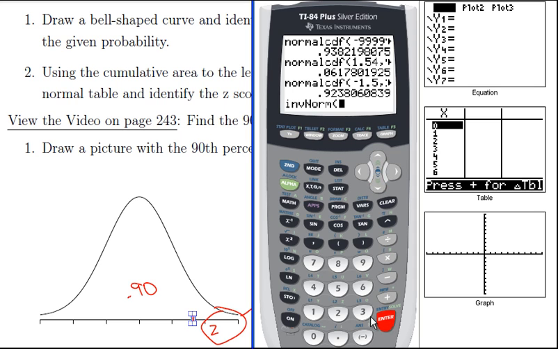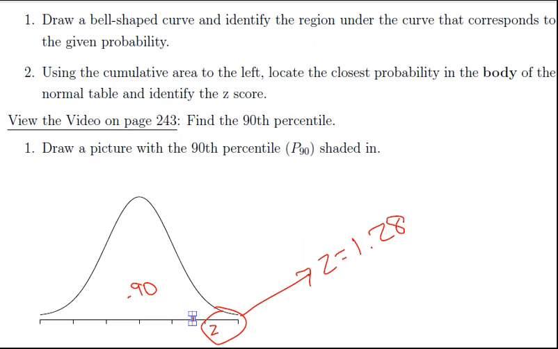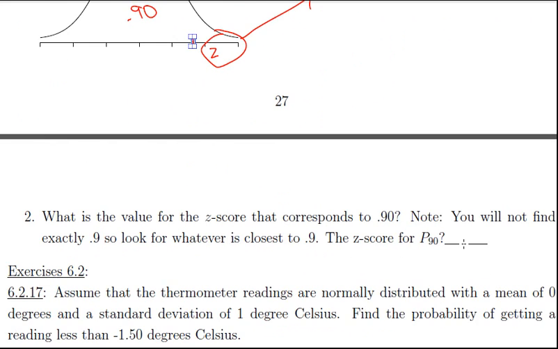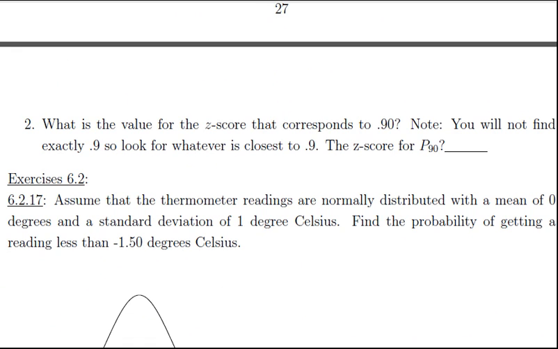And I just want to put the area to the left, and that's going to be 0.9. And then I'm going to close that up and hit enter, and I get 1.28. So that's how I would use the calculator to do a problem that we do in reverse. So this is what we call an inverse problem. You do it differently, whether you use the table or the calculator. Okay, so this answer right here then is 1.28.